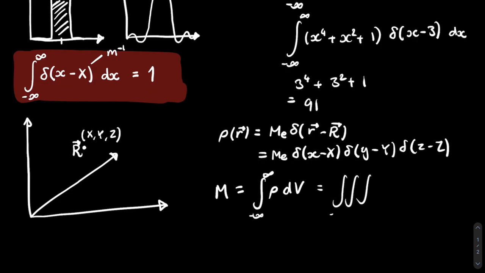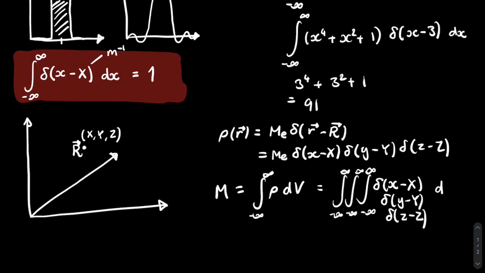So you're going to have an integral, all between -infinity to infinity throughout the 3 different position coordinates. So you're going to have a Dirac function of x minus x, a Dirac function of y minus y, all multiplied by a Dirac function of z minus z.